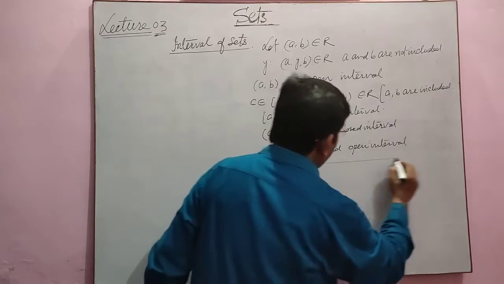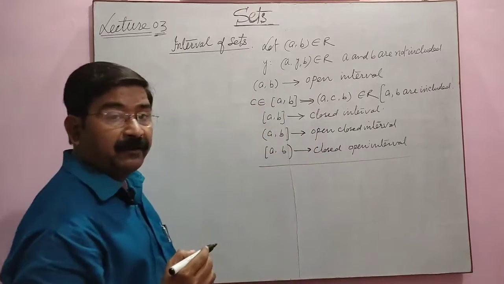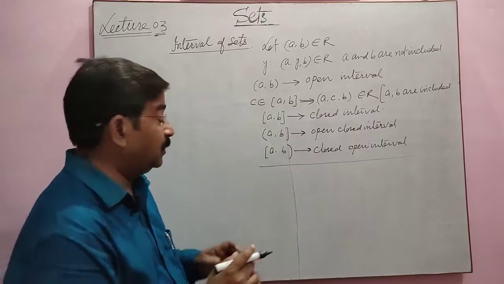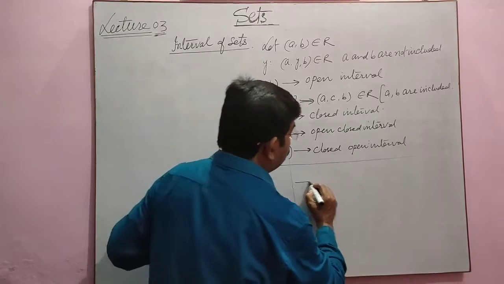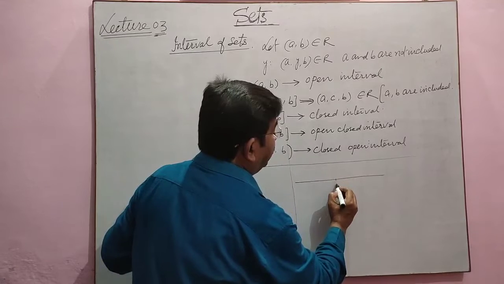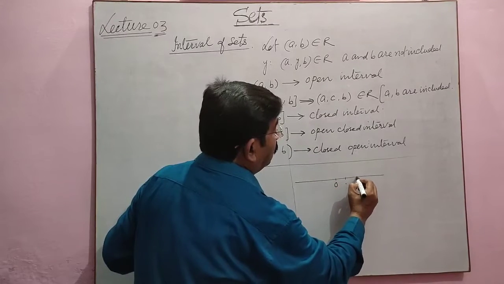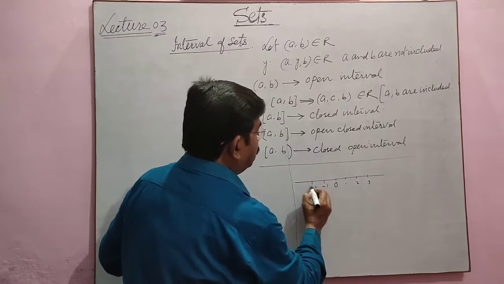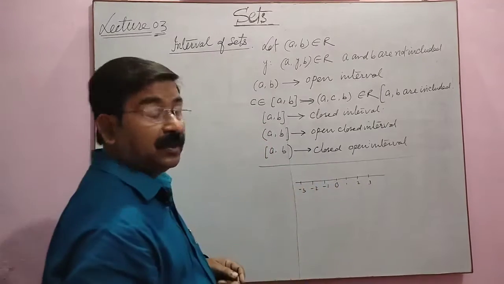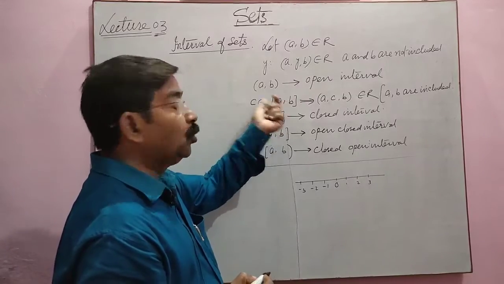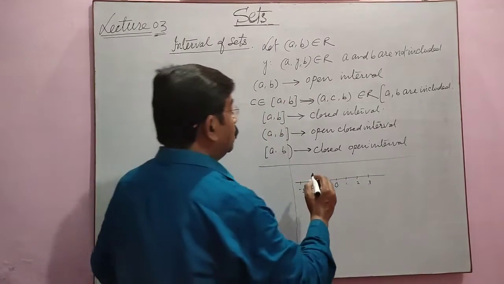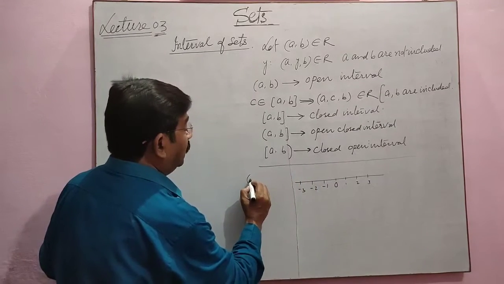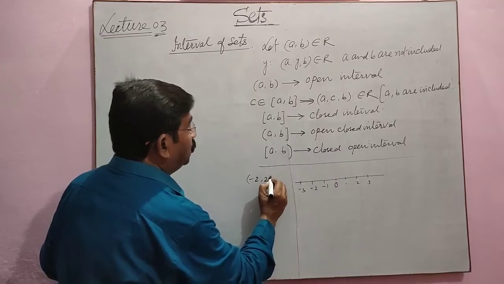Now one more important thing, when we plot these intervals on the number line. Suppose this is the real number line, 0, 1, 2, 3, here we have -1, -2, -3. Suppose you have an interval (-2, 2).